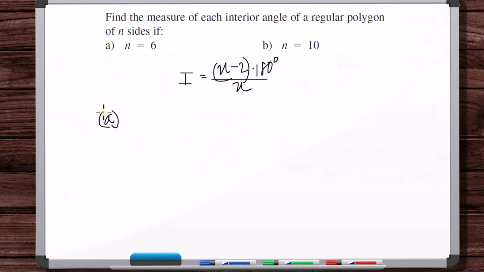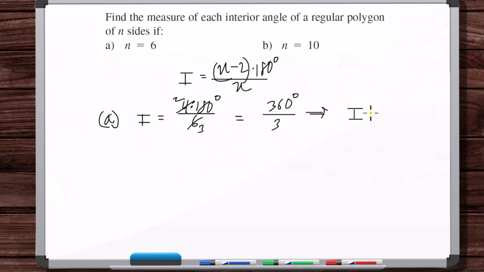So we've got 6 minus 2 is 4, so 4 times 180 divided by 6. That's 360 divided by 3, which is going to be 120. Let's see.